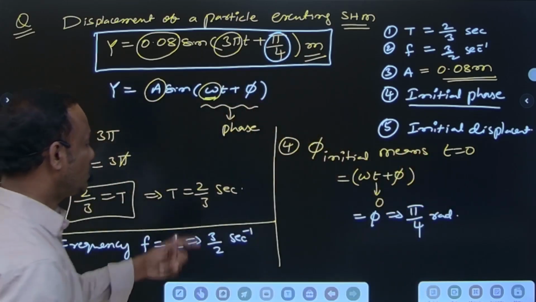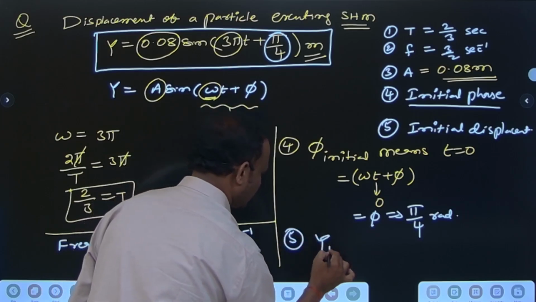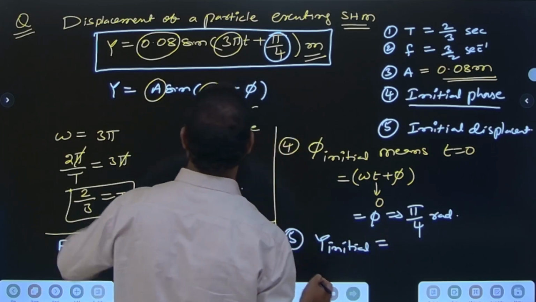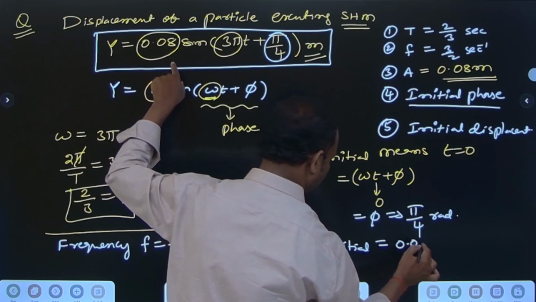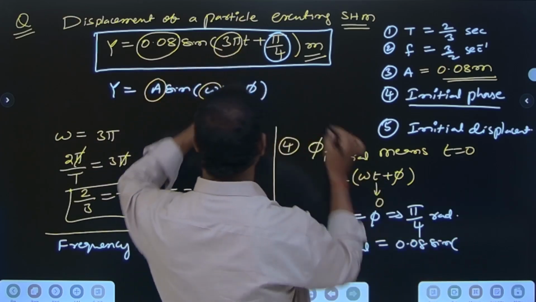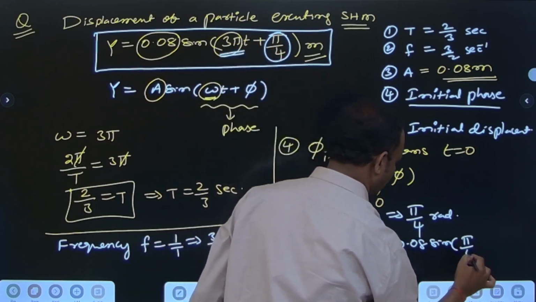Initial displacement. Directly I am writing this: 0.08 sine, this part is 0, right? What is there? Pi by 4.